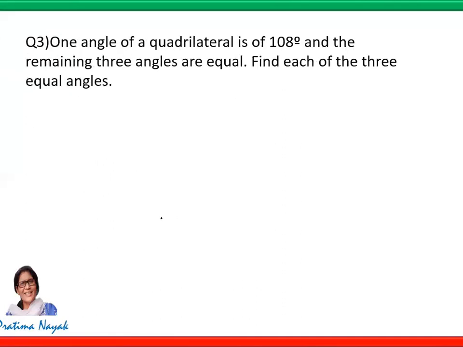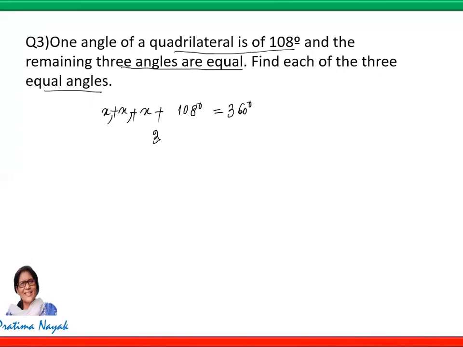Now coming to third question. One of the angles of a quadrilateral is 108 degree. The remaining three angles are equal. Find the angles. So each other angle is x, x, x because they are equal, and the last one is 108 degree. Their sum is how much? 360.